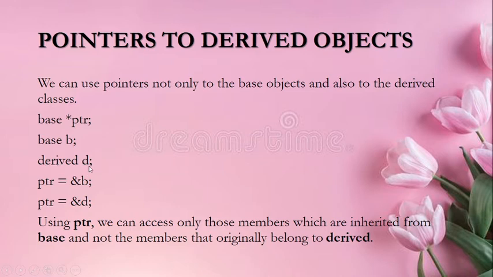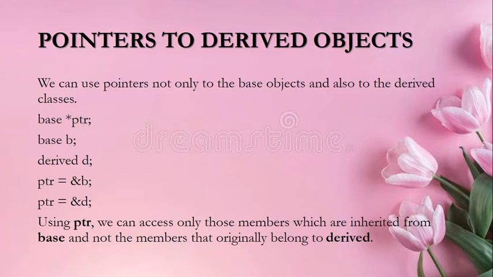Usually we create an object for the derived class, we don't create an object for the base class, but here it's all going to be in a different manner. We have created objects for both the base class and the derived class. Now I have a pointer that is also created for the base class. If I create a pointer, this pointer should hold the address of some variable.